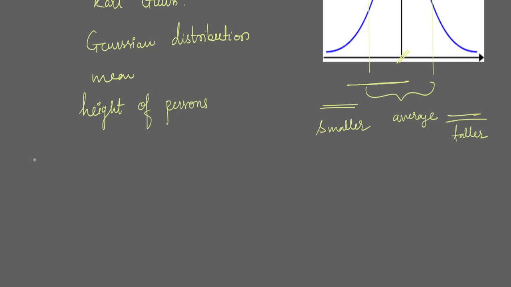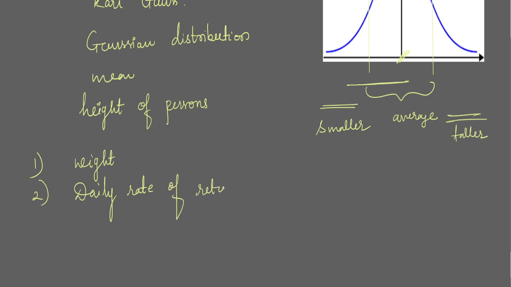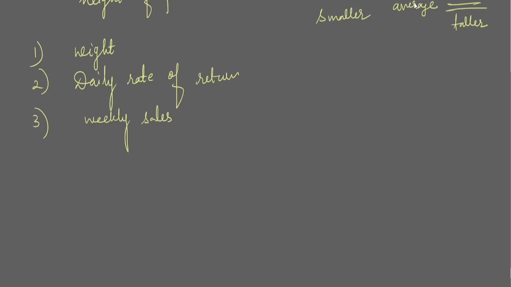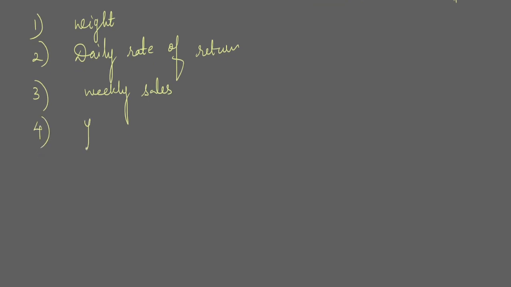We can add a few more examples, like weight of a baby at birth, daily rate of returns for a stock market, weekly sales, yield of a fertilizer, and lifetime of bulbs.